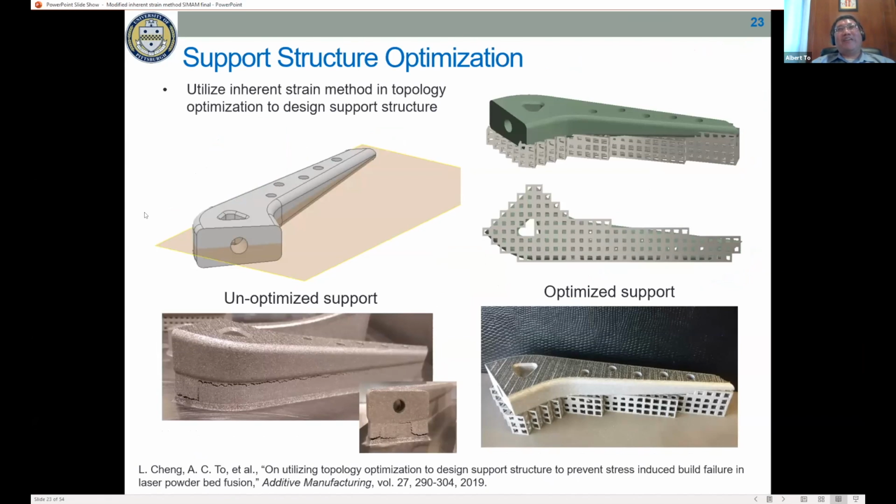We were also able to integrate the inherent strain model into topology optimization to prevent build failure. Here is an example with an unoptimized support. We see cracking in the support. This was printed in Ti64. Then we use a gradient lattice optimization technique and put in the inherent strain method to predict the residual stress, and we were able to come up with an optimized support that does not crack anymore.